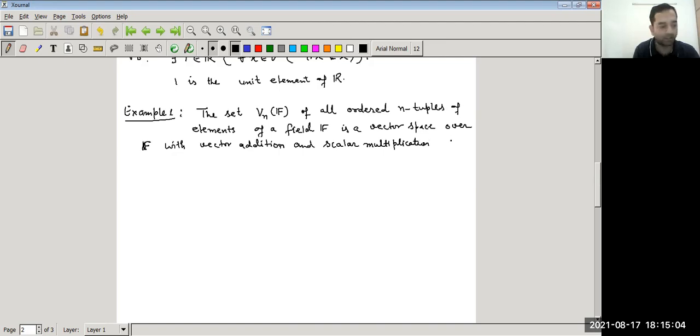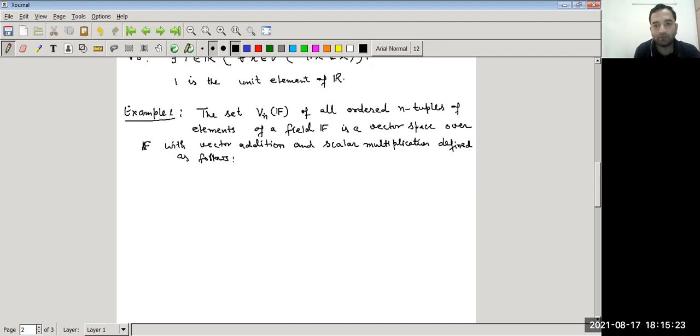Scalar multiplication is defined as follows. How can we define it?